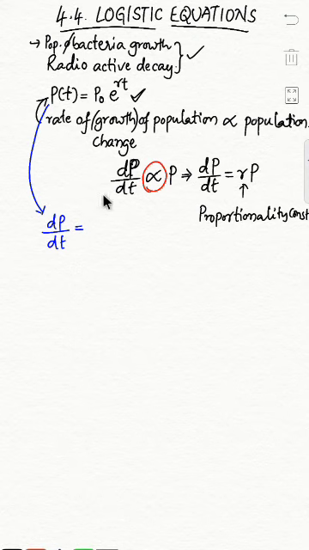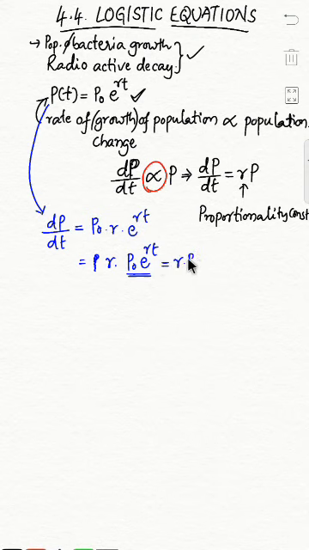P naught times e to the power of rt. When you differentiate that, it becomes r times e to the power of rt. So this is r times P naught times e to the power of rt. This entire thing is nothing but P again. So we have r times P.